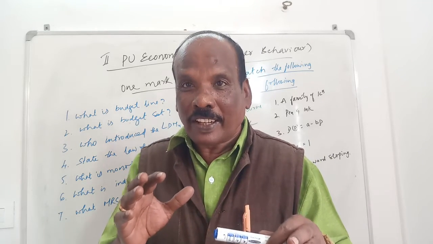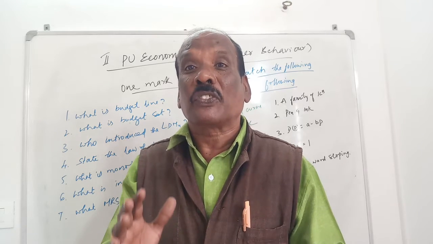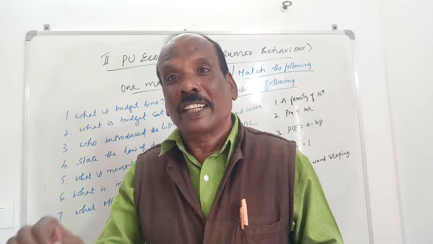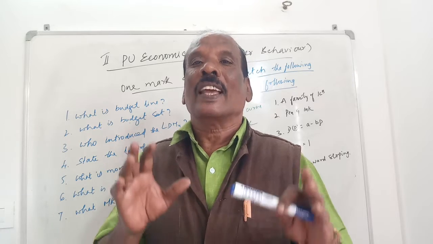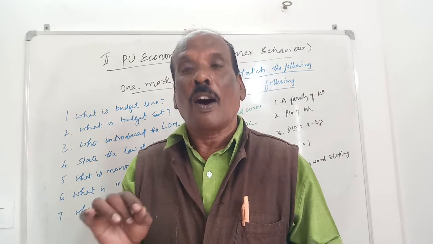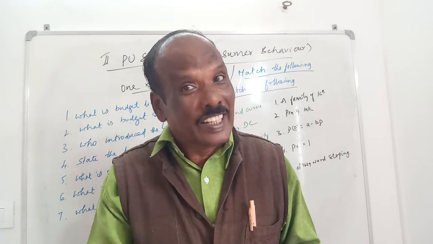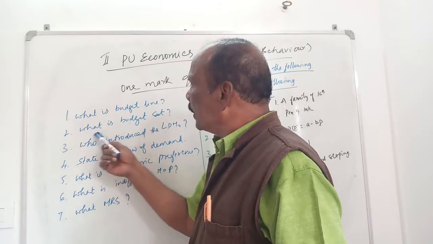It is a budget constraint which makes the consumer purchase goods with his income at the given prices. In simple terms, it is a graphical representation of different combinations of two goods which can be purchased by a consumer with his income and at the given prices.